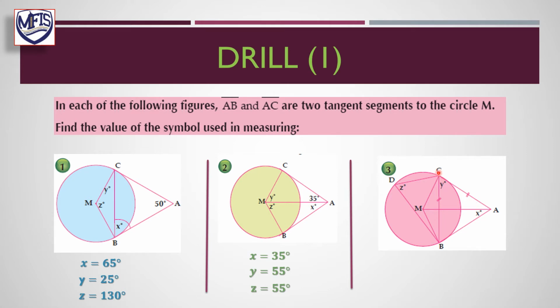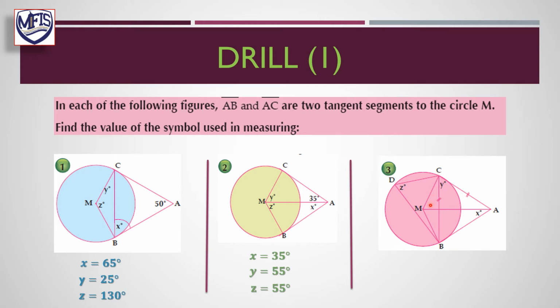I said before x equals 30. So angle CAM equals 30 also. And measure angle ACM equals 90 degrees. Why? Because MC is a radius and AC is a tangent. So this angle equals 90. With 30 and 90, the third angle of triangle ACM equals 60. Again, angle AMC equals 60 degrees.